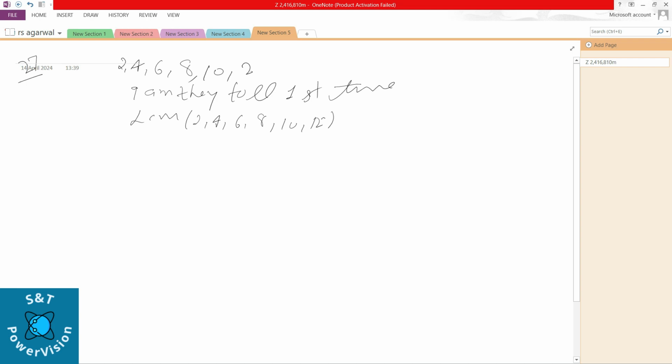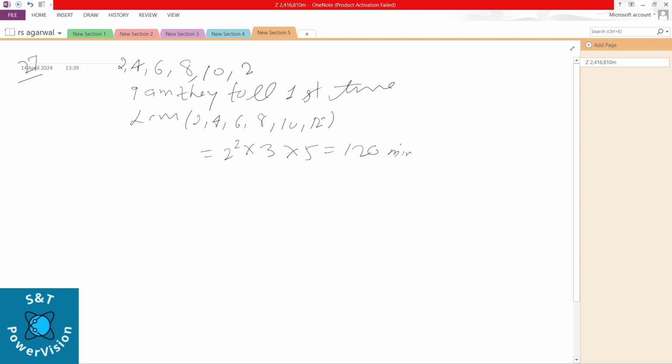The answer will be 2 square into 3 into 5, sorry, it is 2 cube here because of 8. 2 cube into 3 into 5 is 120 minutes.